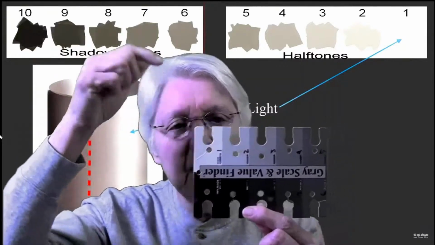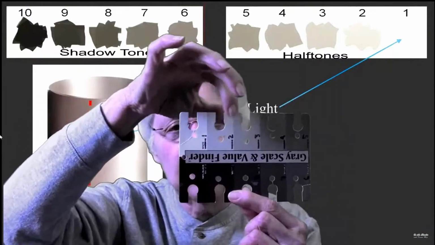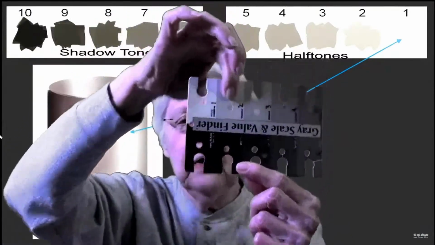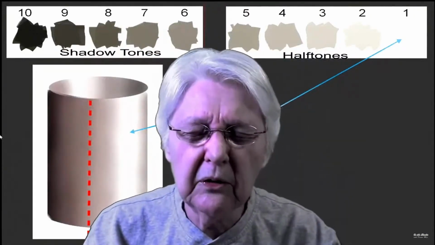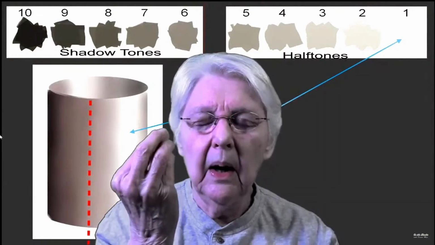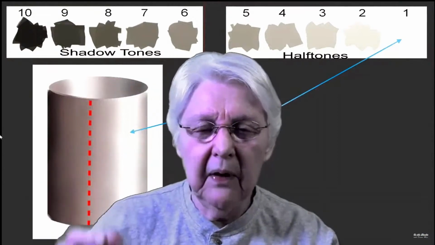But then learn how to read the next interval towards shadow, this value right here. We call that value 2 on this 10 value scale. If I say value 2 to you, imagine what value 2 is. And then learn to recognize that value 2 as you see it in various colors.